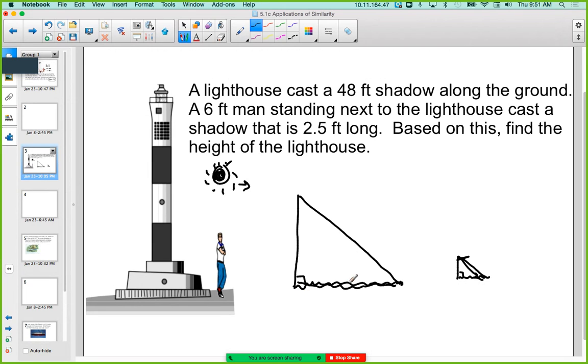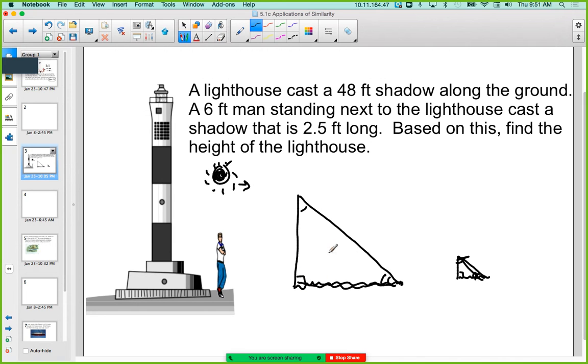Now, what happens here is because the sun is so far away, the angles that are being made here are going to end up being the same angle where the sunlight hits and the shadow is made. Okay, so these angles are all going to end up being congruent, which makes these two triangles similar.